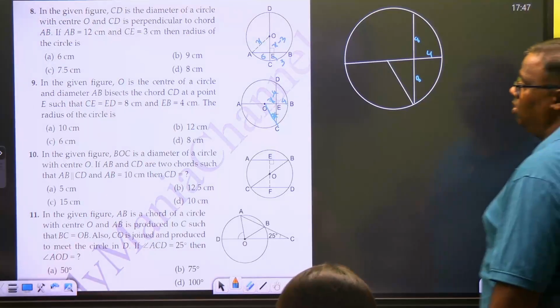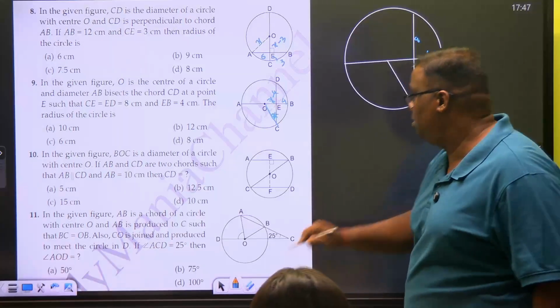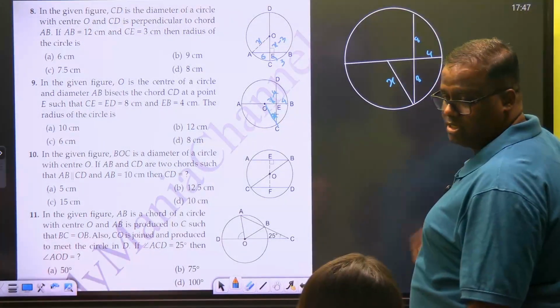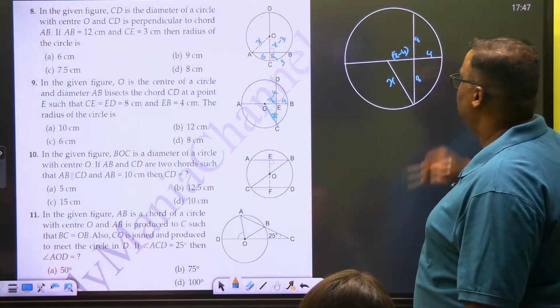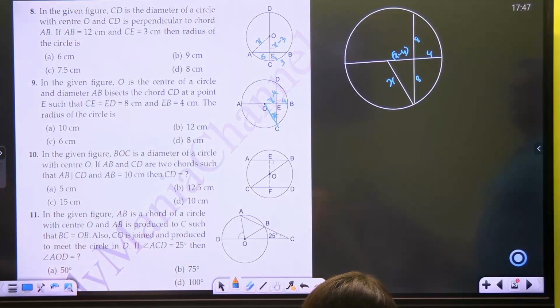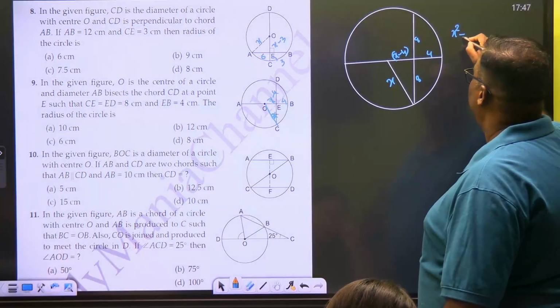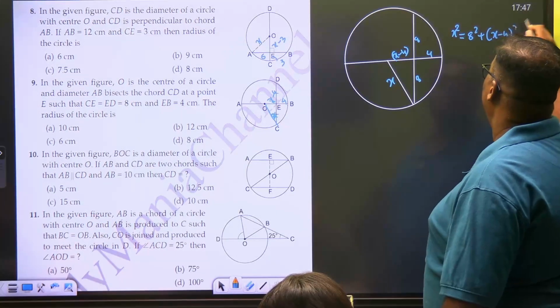So how will you make the radius? Now let the radius be x. If the radius is x, this whole part is also x. So this much portion is x minus 4. Now you have a Pythagorean triangle. So what do you get? Hypotenuse square is equal to base square plus altitude square.